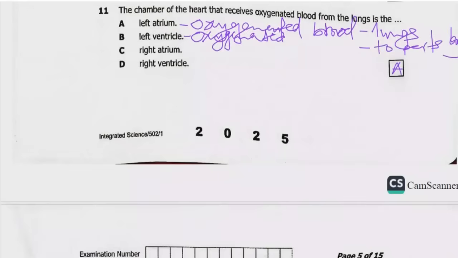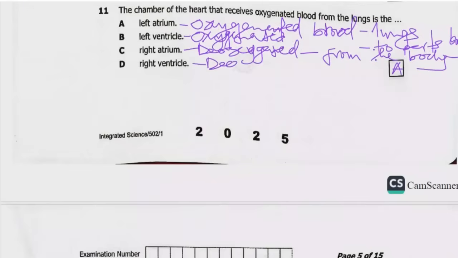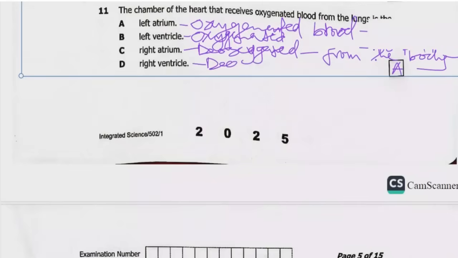So that one goes to the parts of the body. Then this one is deoxygenated blood, and it is coming from the parts of the body. Then the right ventricle, which is deoxygenated blood.